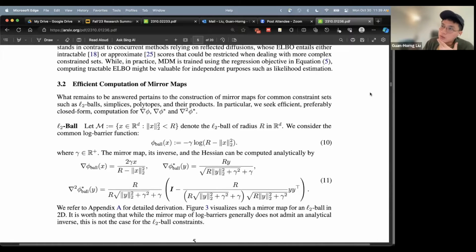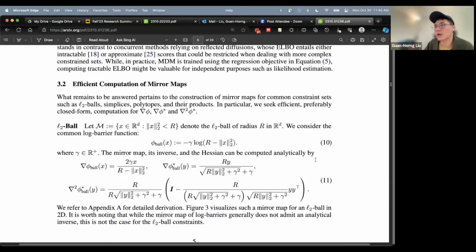Cool. So then I'll just briefly go through the mirror maps. The first one is the L2 ball, where the constraint set M is defined as this inequality. We can construct the mirror map using the standard log barrier function, which is defined in equation 10, and then the mirror map, the inverse of the mirror map, and the Hessian are given in equation 11. We have a derivation in the appendix, but I don't think that's very important for the presentation.